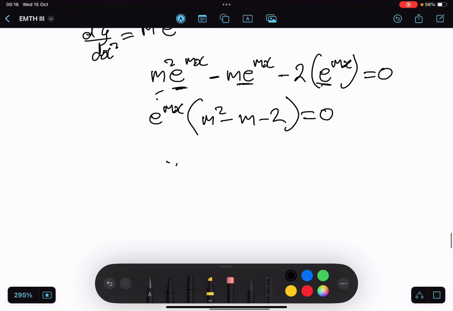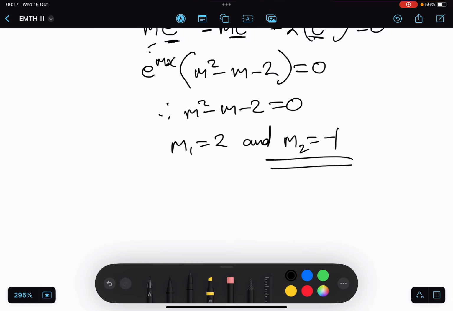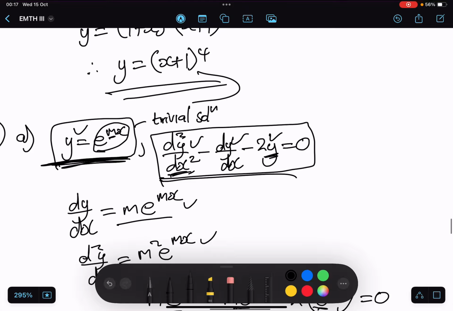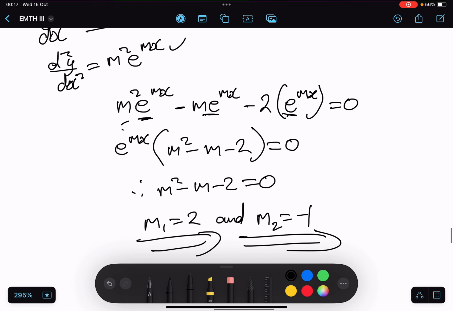And therefore from here we can see that m² minus m minus 2 is equal to 0. So if we solve this quadratic, we get that m1 is equal to 2 and m2 is equal to -1. So these are the values of m that will make this function a solution of this second order differential equation.